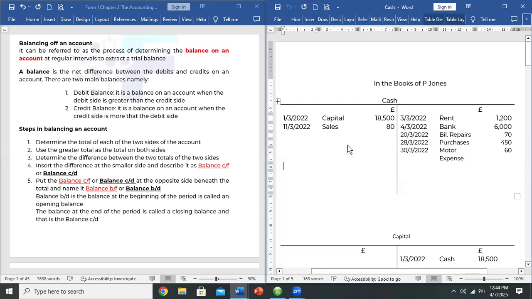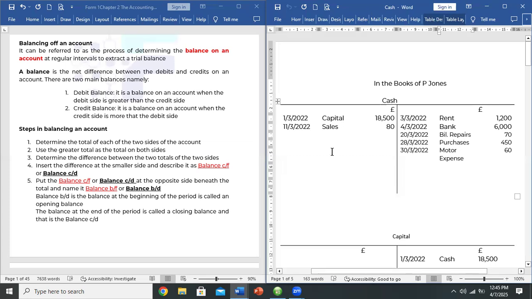Now, if the debit side is more than the credit side, then the account has a debit balance. And if the credit side is more than the debit side, then the account has a credit balance. So please get that once. Okay. Now there are two main types of balances, debit balance or credit balance. And I think I've explained that.